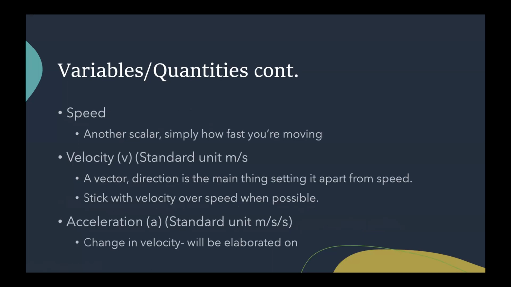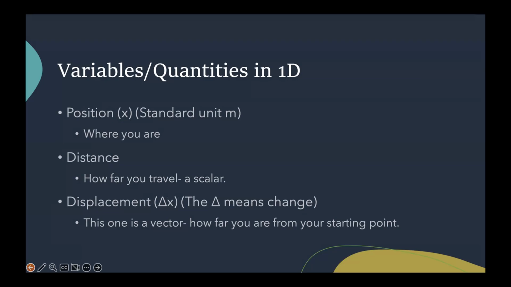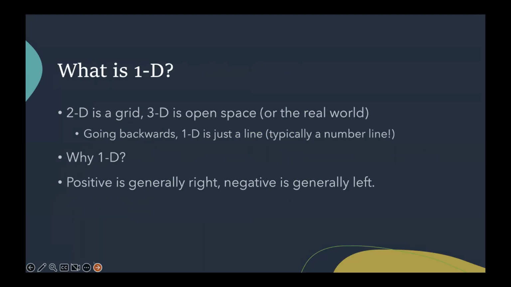We're going to look at speed versus velocity now. So speed is, once again, just a scalar, and velocity is the vector version. And similar to distance and displacement, velocity is far more common.